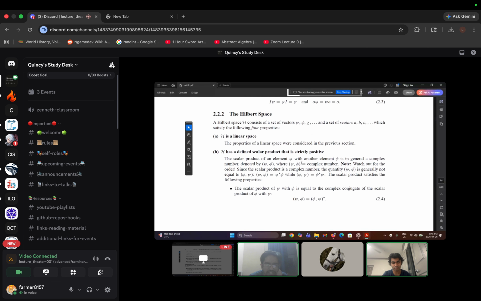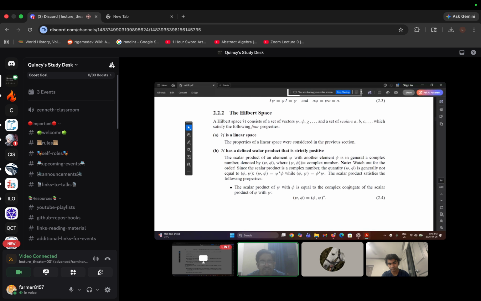H has a defined scalar product that is strictly positive. The scalar product of an element psi with another element phi is in general a complex number, denoted by psi comma phi. Watch out for the order. Since the scalar product is a complex number, the quantity psi comma phi is generally not equal to phi comma psi.